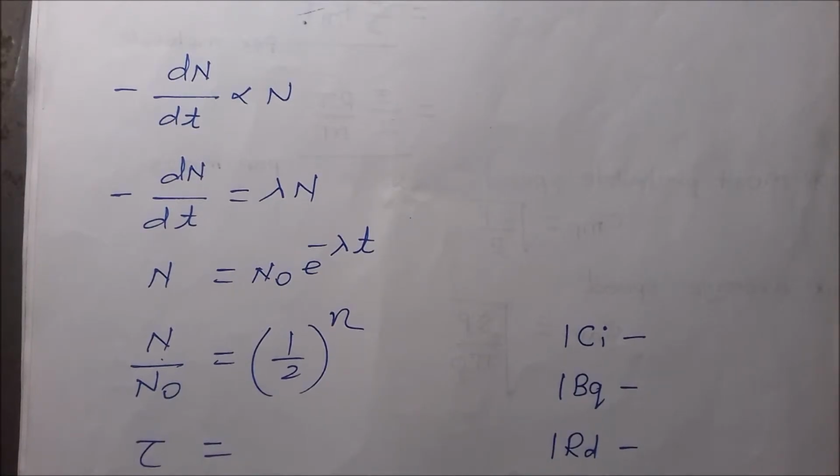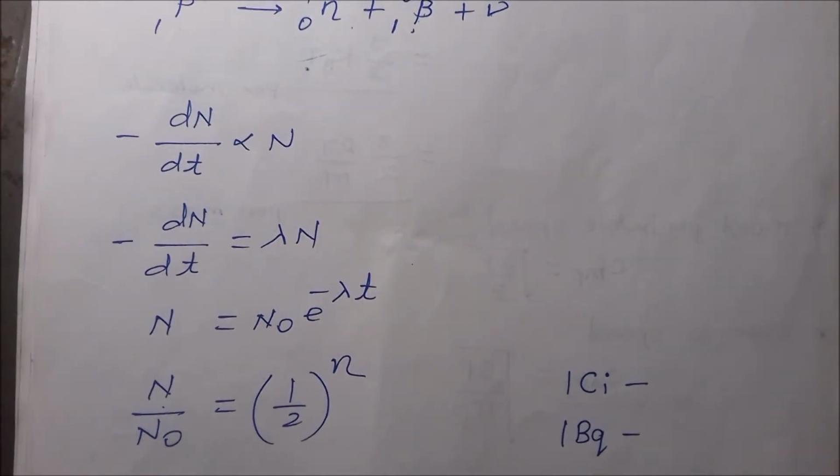Then radioactive decay law. Minus dN by dt is proportional to N. N is number of atoms available at that time. Then minus dN by dt is equal to lambda N, and lambda is proportionality constant called decay constant.